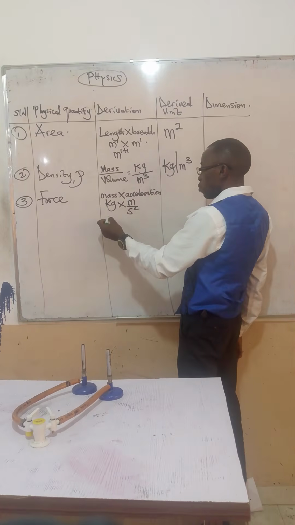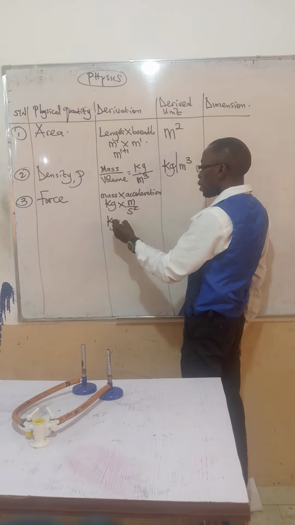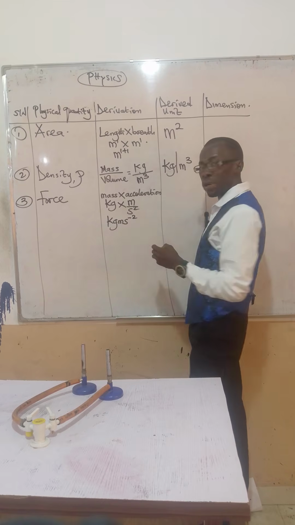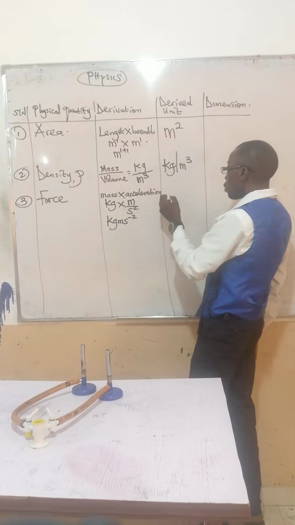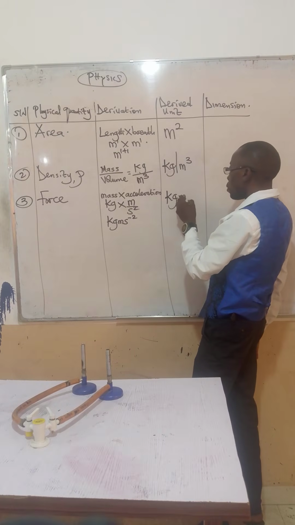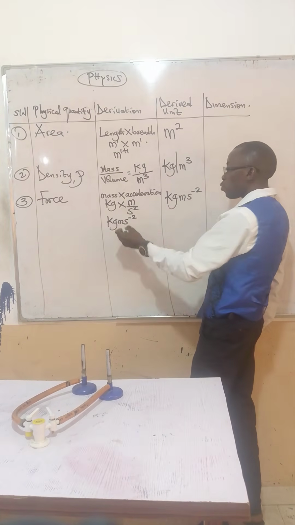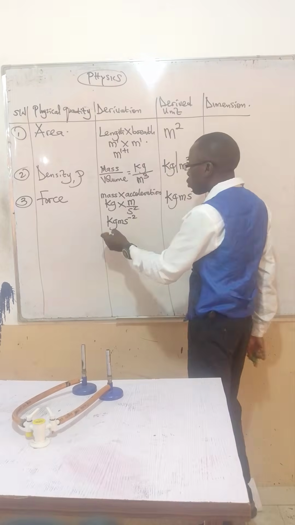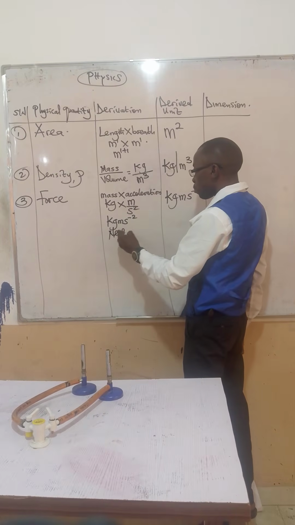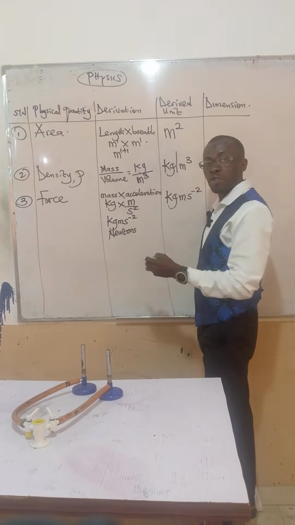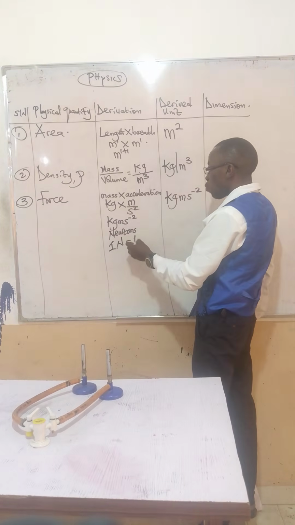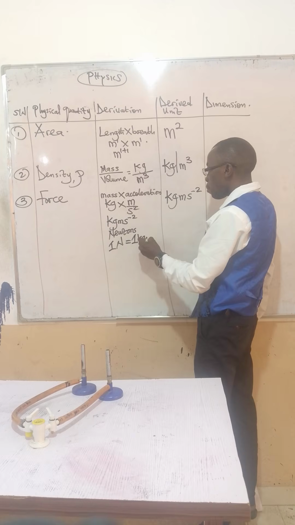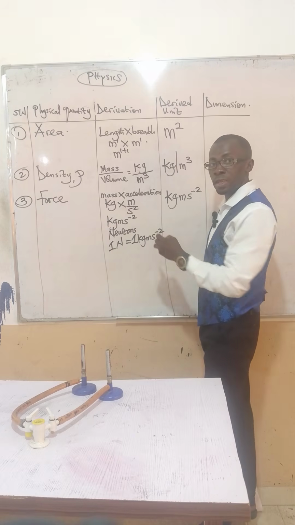Join this together, this can give you kilogram meters per second squared, and you can call that a derived unit for force. Now, we also know that force is measured in Newtons. So that shows that 1 Newton is 1 kilogram meter per second squared.